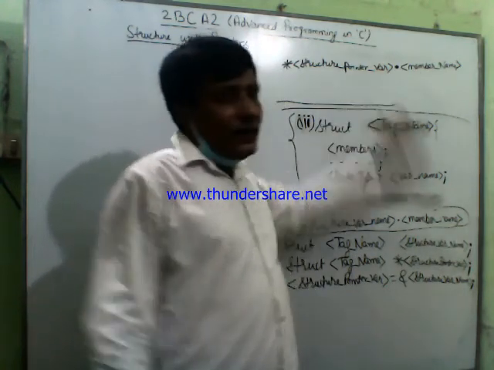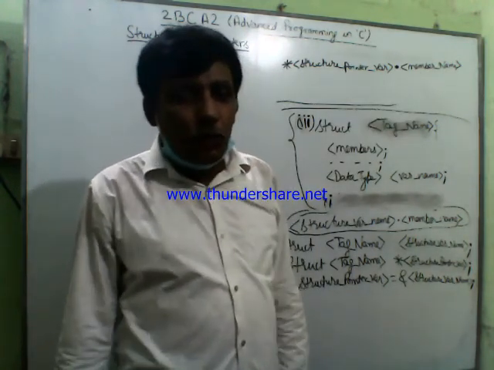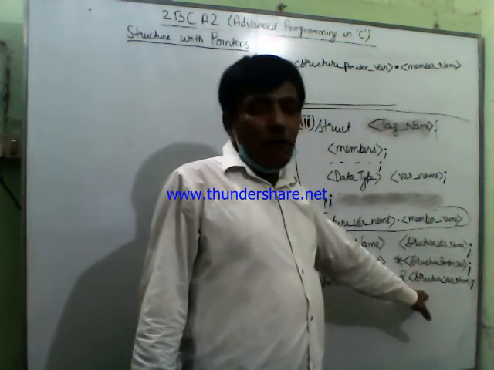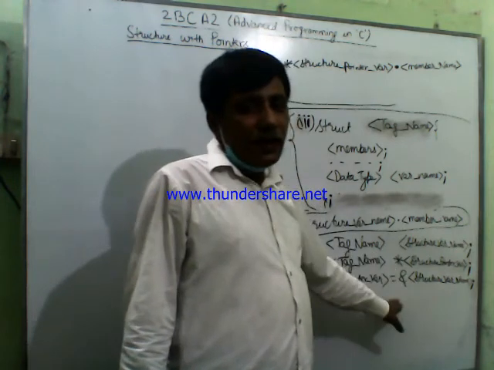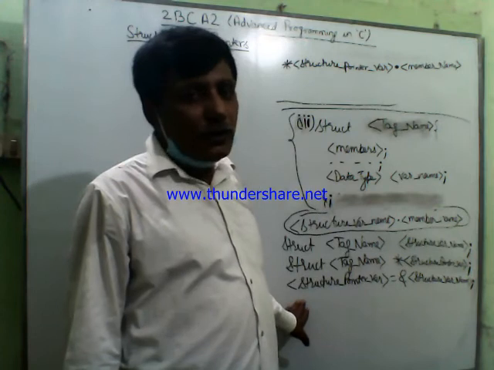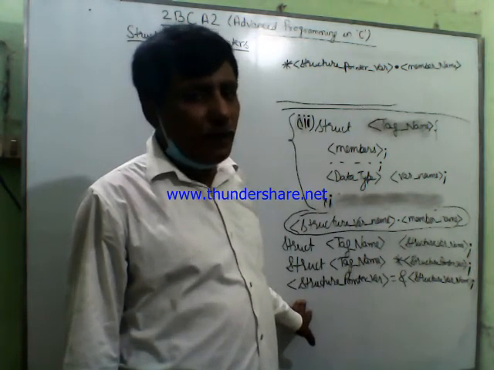Now, another syntax you can use to access the members of a structure variable whose address has been stored in a structure pointer variable by using the name of a structure pointer variable.